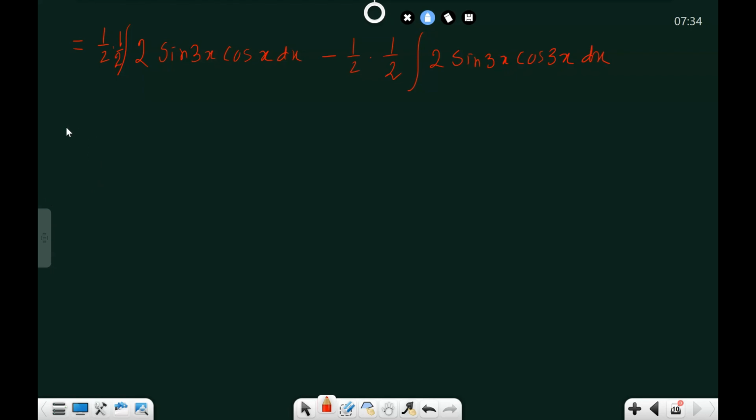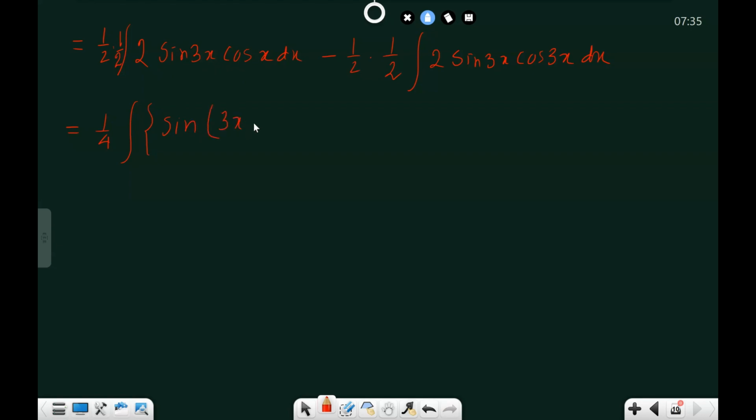Okay, so this is equal to, it will be 1 by 4 now, integration. So what is this? 2 sine x cos y, so sine x cos y, and that is sine of x plus y.